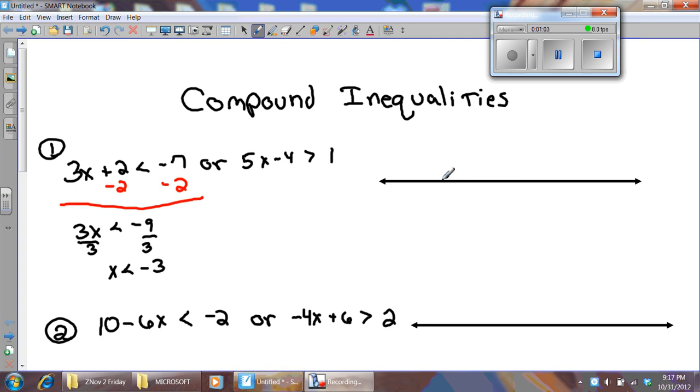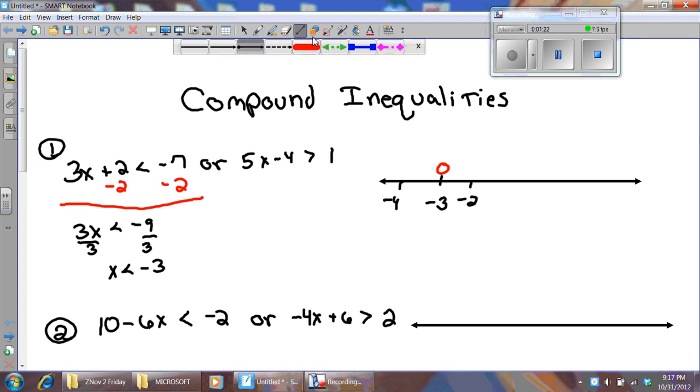All right, I'll put negative 3 on my number line. I'll use an open point, and I need numbers less than negative 3. Well, negative 4 would be here, and negative 2 would be there. I need the numbers that are less than negative 3, and they would be this way.